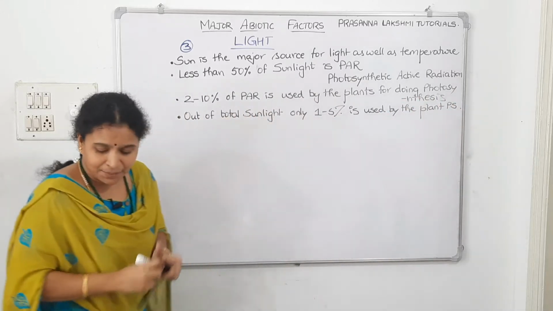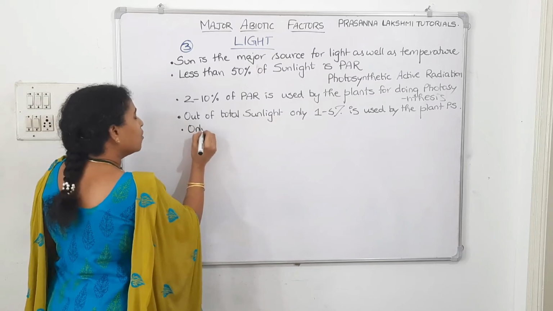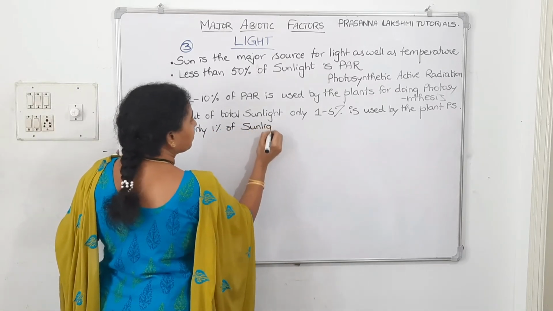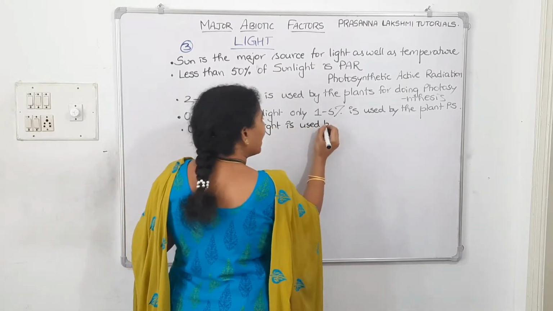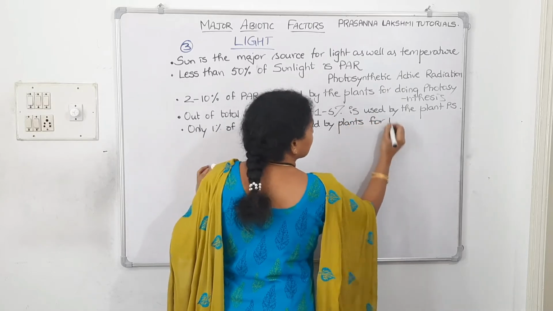Or we can say it's a minimum of 1%: only 1% of the sunlight is used by plants for photosynthesis.